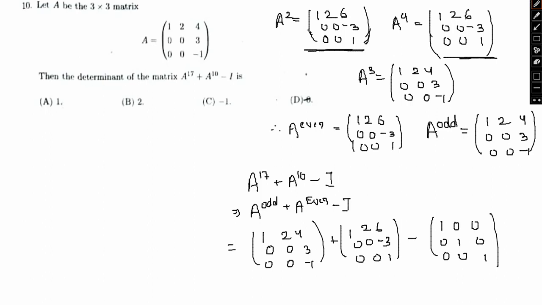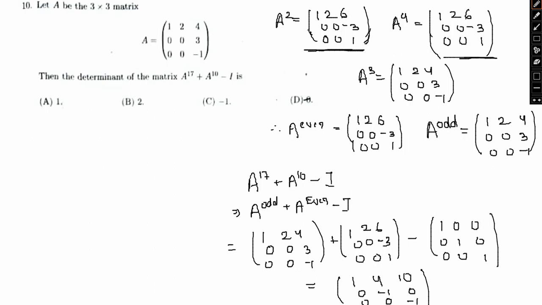Okay, so this is what we have, and if we solve the same, what we get is [1 4 10; 0 -1 0; 0 0 -1]. Okay, so this is what we have.